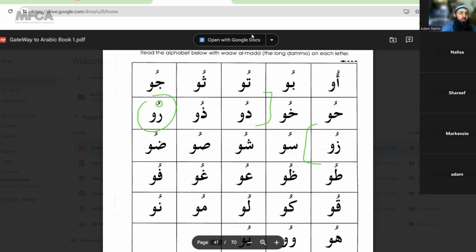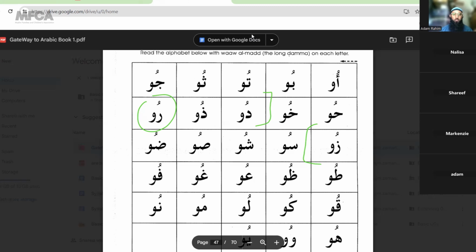So when you put it together with the letter ra, what would it become? We add those two together, is what you're saying? Correct. And it becomes ooh. Oh, I understand. Ru, ru, a bit longer. Ru. Very good. Ahsanta.